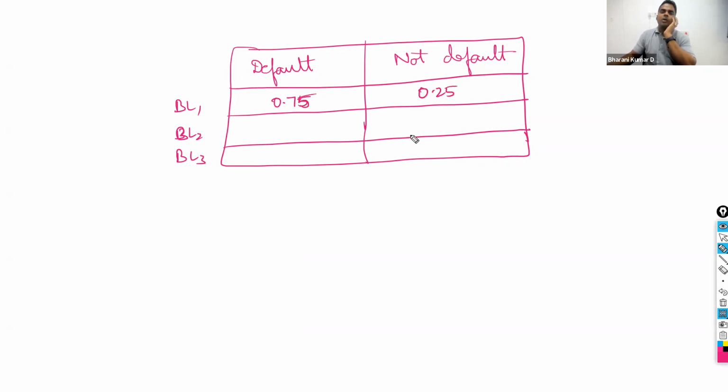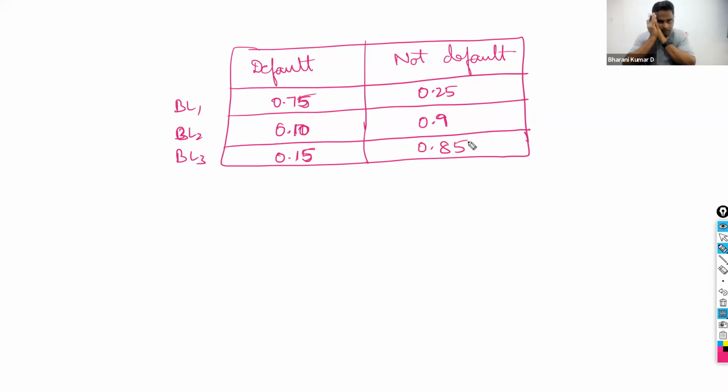That means there's 25% probability that the person will not default. Then base learner 2 might say that there's only 10% probability that a person will default, which means 90% probability that the person will not default. Then base learner 3 says there is 15% probability that the person will default, 85% probability that the person will not default.